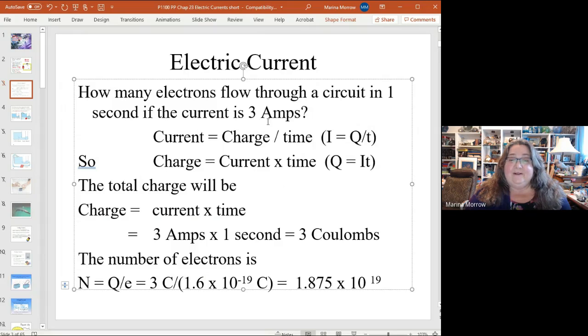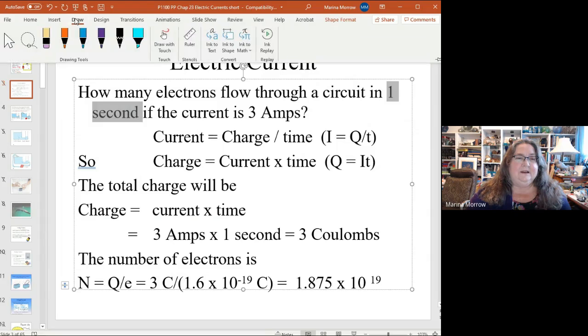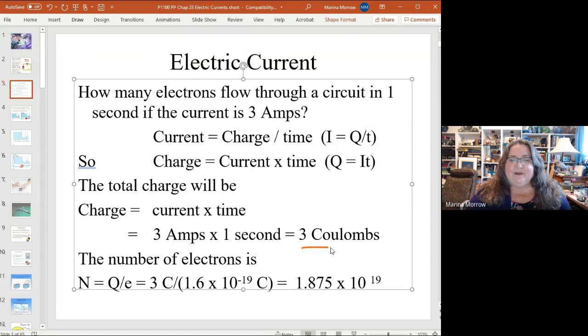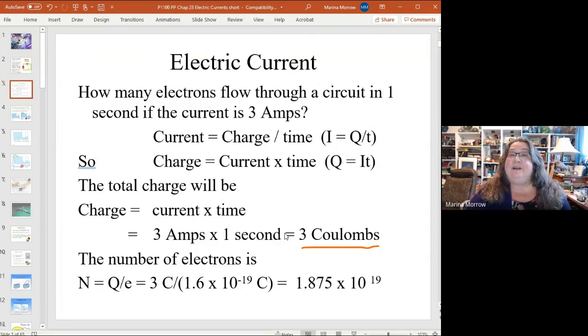And so if you wanted to say, okay, I've got 3 amps of current, in 1 second, how much charge would flow? Okay, so we've got the current, we've got the time, 3 amps times 1 second is 3 coulombs of charge. Now, if we want to say, okay, how many electrons is that? Well, you've got to divide the total charge by the charge per electron, which remember was e, the fundamental charge.